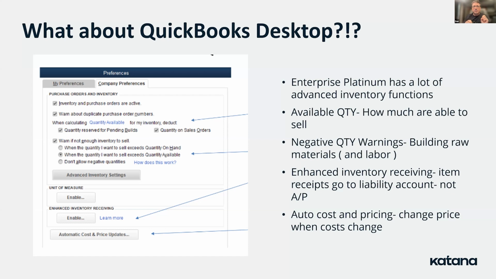so changes that happen from the billing to the receiving piece can be separate events, and then especially when they happen in different accounting periods, that could be a challenge if you don't have that. And then auto cost and pricing, where you can change your price when costs change. So some of these functionalities are pre-built into Enterprise, but there's a but to that, right?